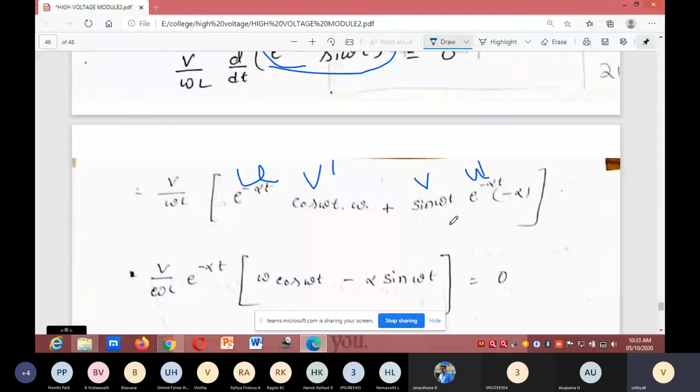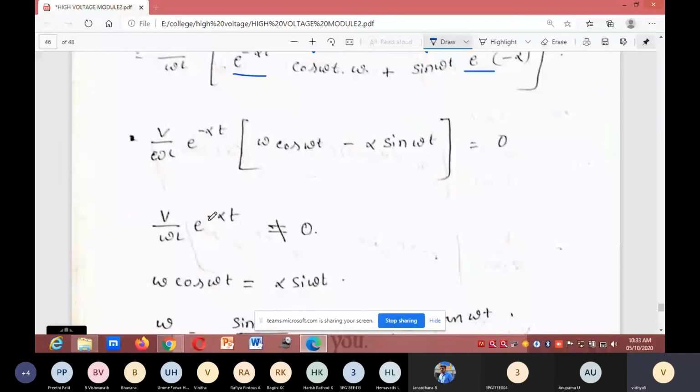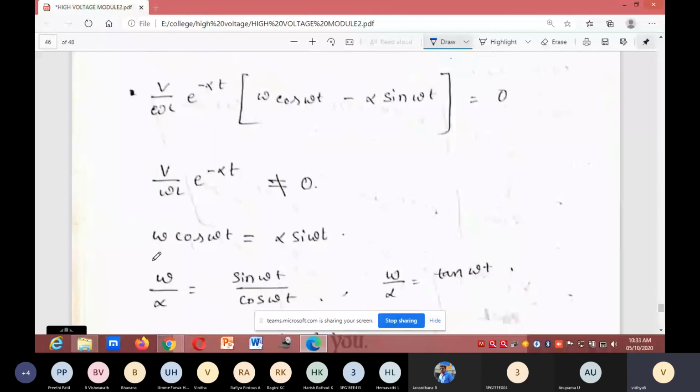After differentiating, take out common e to the power of minus alpha t, and you will get omega cos omega t minus alpha sine omega t is equal to 0. Since e to the power of minus alpha t is never equal to 0, omega cos omega t is alpha sine omega t.